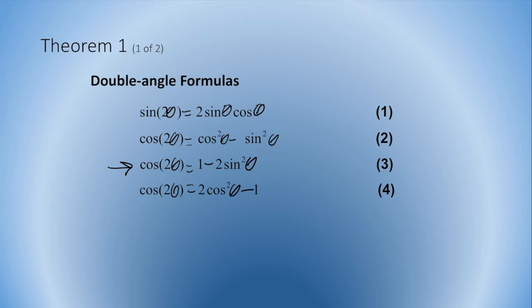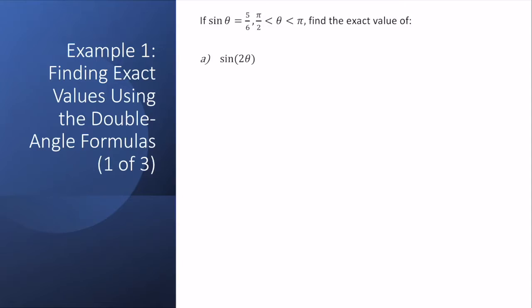So if sine of theta is 5 over 6, and my theta is between pi over 2 and pi, that means I'm in quadrant 2, right? So my cosine is negative.